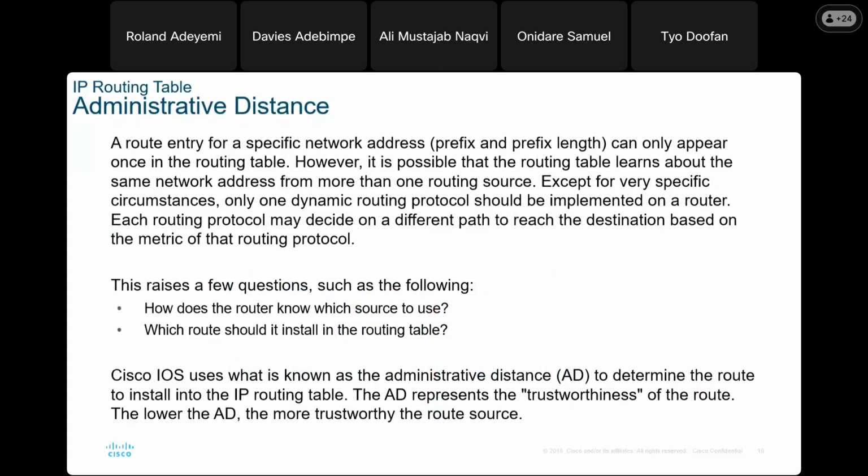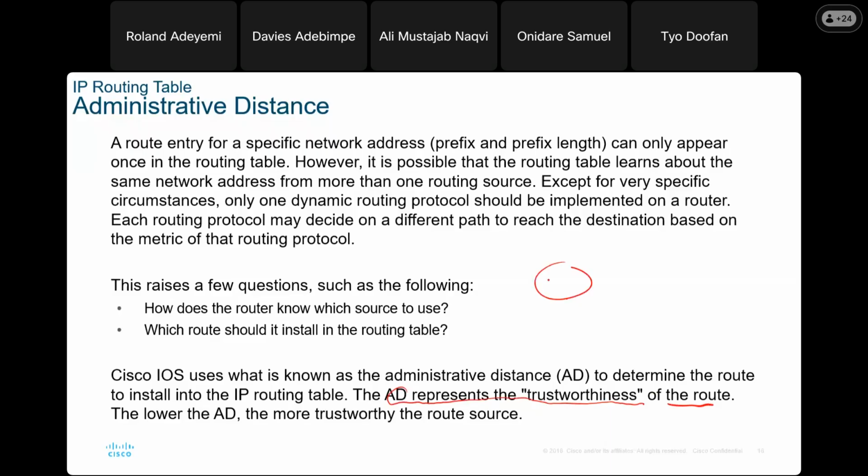There is another terminology you're going to come across. I've mentioned it earlier, administrative distance. What is the administrative distance? It is called the trustworthiness. See it here? Administrative distance represents the trustworthiness of the route. What does that mean?